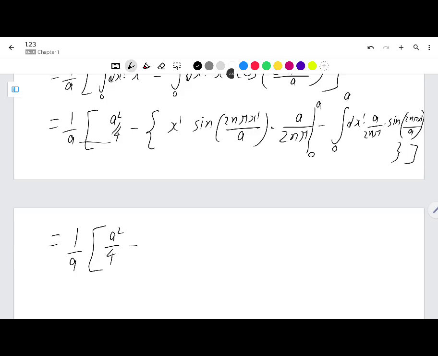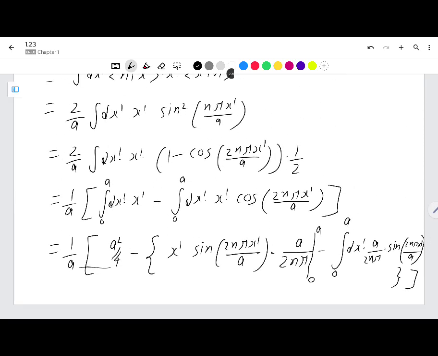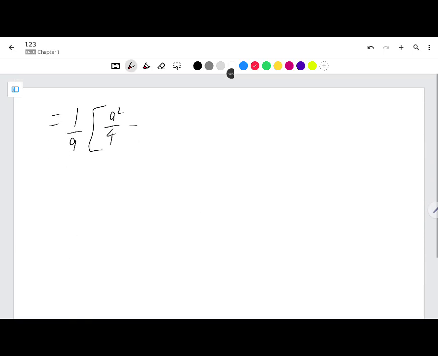So in the first term, if we put a instead of x, it will give us sine 2n pi. Sine 2n pi equals 0, and otherwise also it will be 0. So this term will be 0 in both the limits.